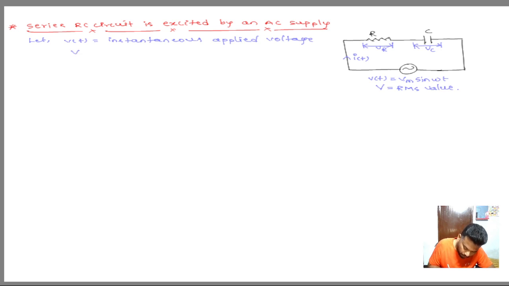Remember, whenever we consider capital letters, these are RMS values. And capital VR is the voltage drop across the resistor.